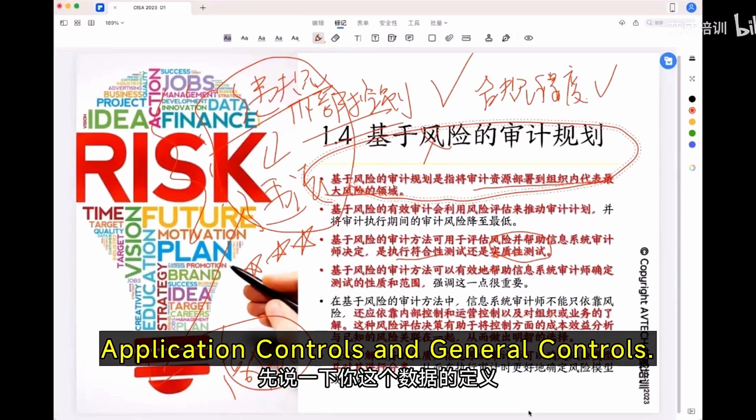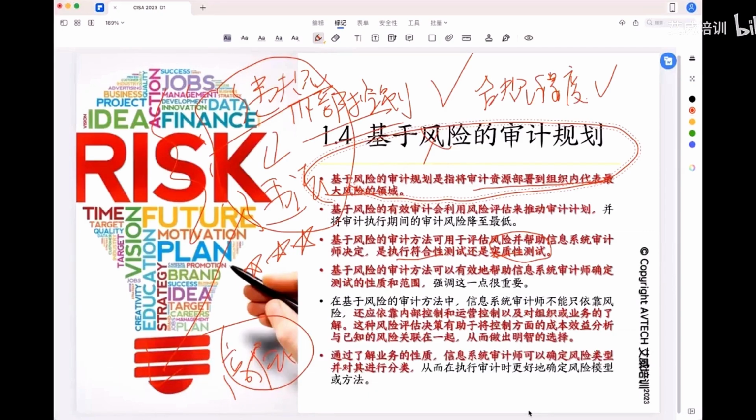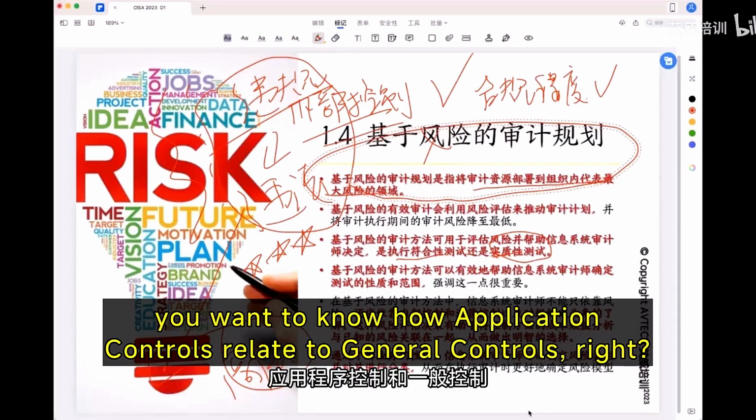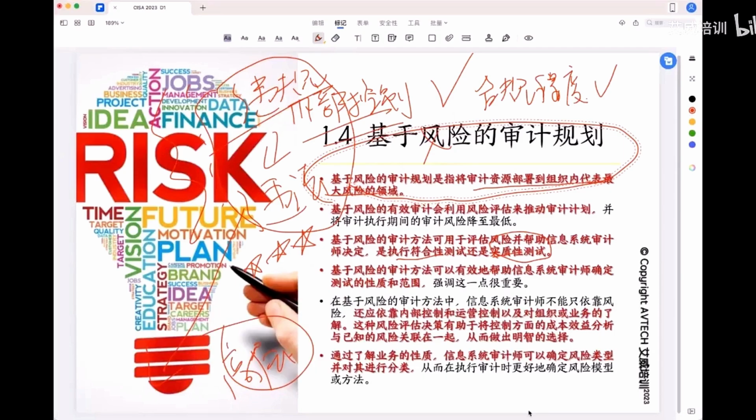Oh, I see. Application controls and general controls. Alright, so if I got your question right, you want to know how application controls relate to general controls, right?